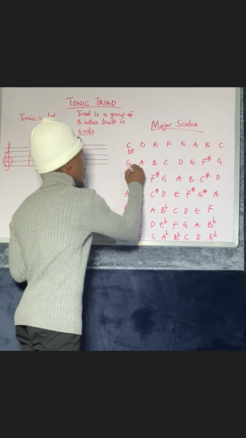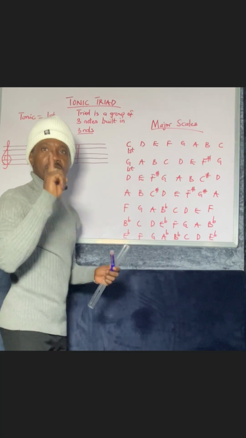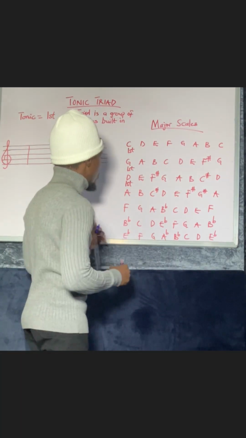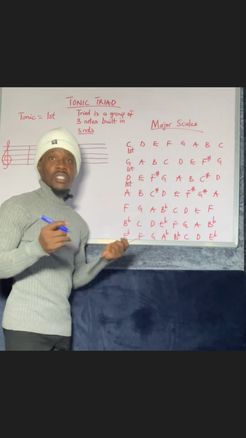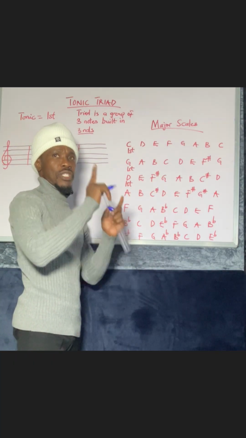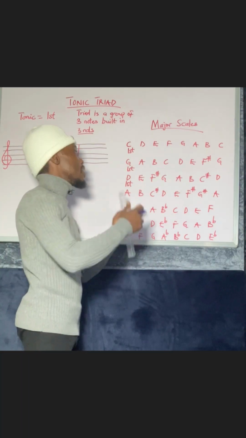Therefore, G is the tonic. In the scale of D major, D is the first. So, therefore, D is the tonic. And so on like that. That is tonic. Tonic means the first note or the first degree of a scale.